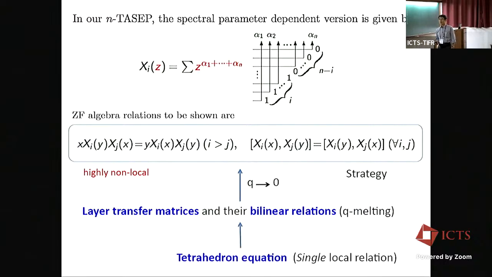But it turns out that it can be reduced to a single local relation, which turned out to be nothing but a tetrahedron equation. Somehow we generalize the problem further and further until the point that it can be most transparently shown from the generic perspective. And that endpoint, a terminal, turned out to be the tetrahedron equation. So let me explain these steps in the remaining minutes.